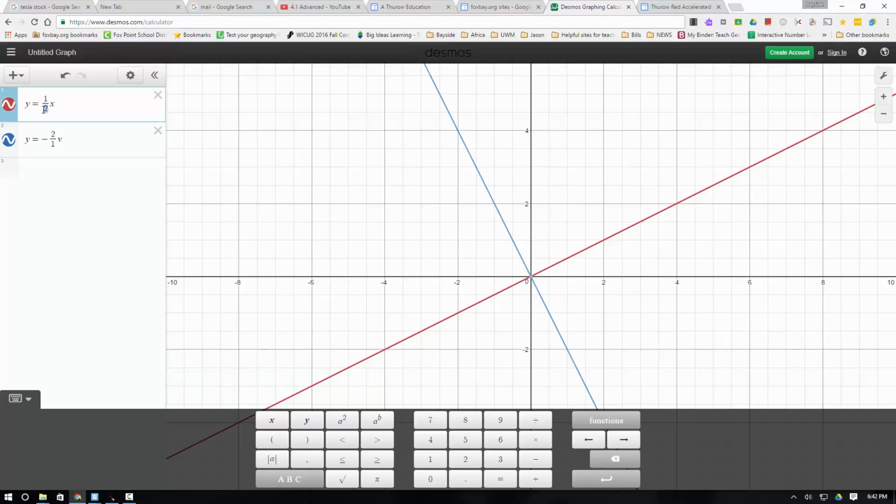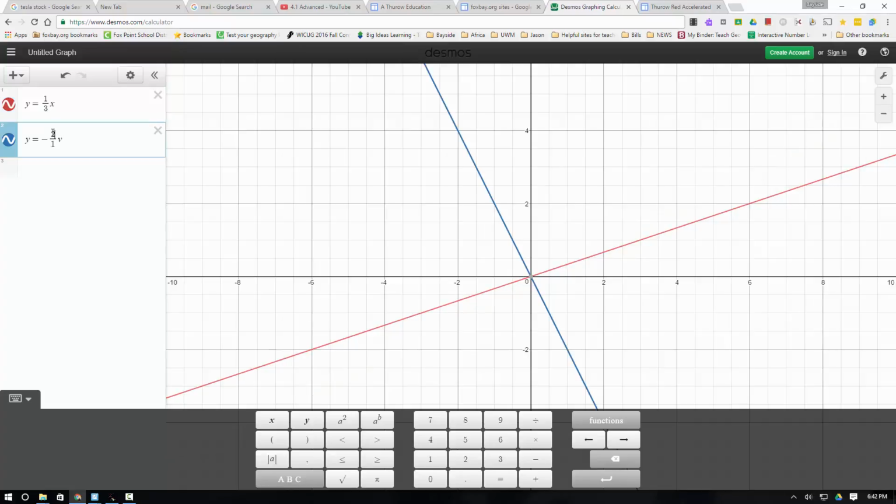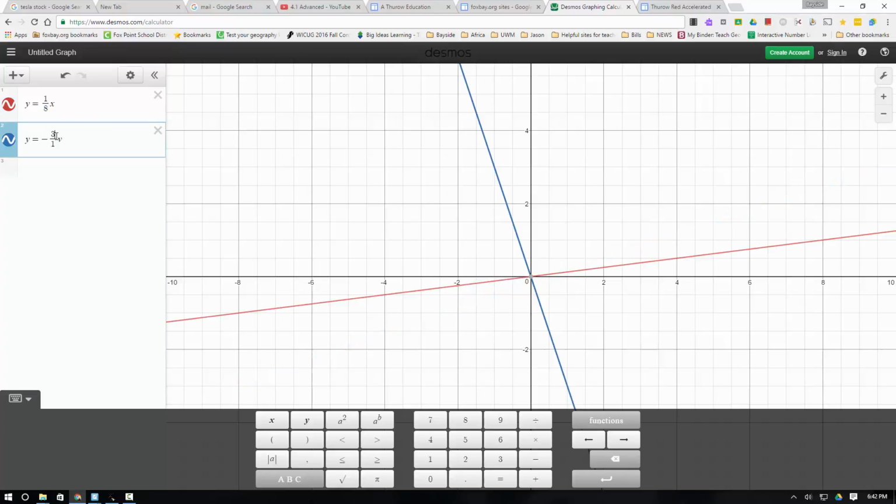I don't care if I make this a 3 and this a 3, it will always be perpendicular. I can make this an 8 and this an 8, and it's always perpendicular. So again, how it relates is if it's a positive slope, the other one's got to be a negative slope, and you just do the reciprocal, and that is always perpendicular.